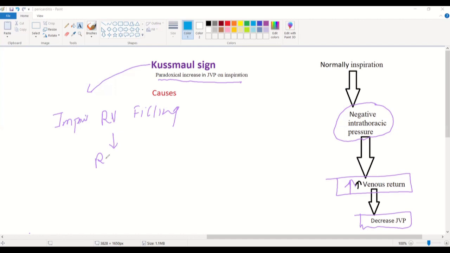So the Kussmaul sign is present in which conditions? These are again high yield.